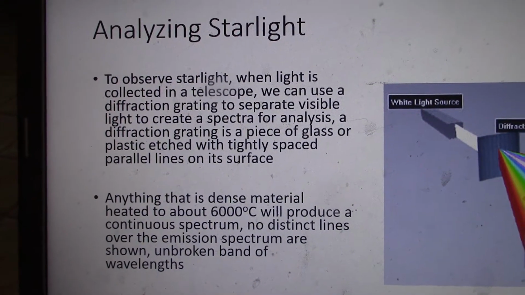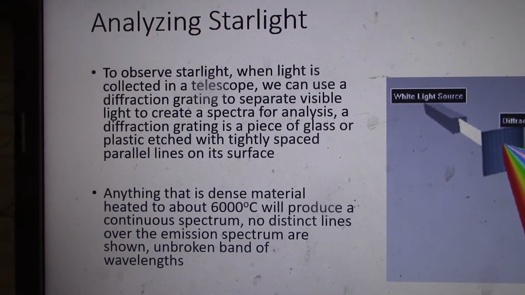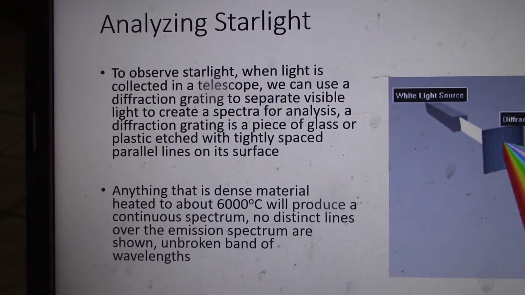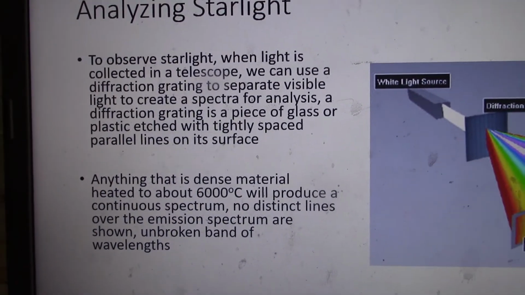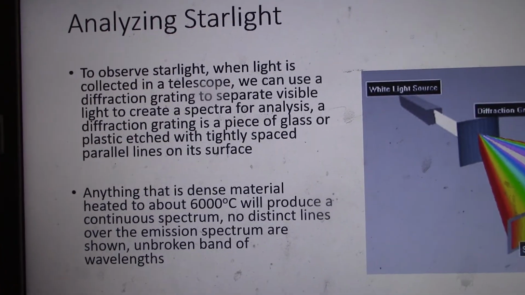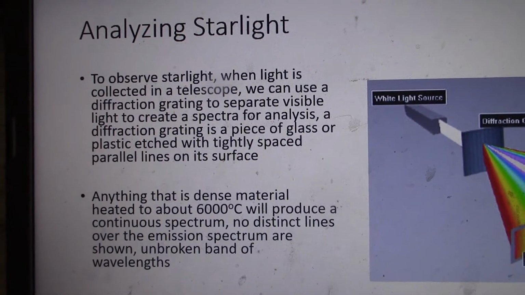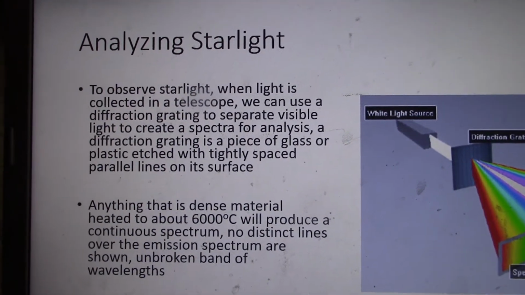So anything that is dense material heated to about 6,000 degrees Celsius will produce a continuous spectrum. No distinct lines over the emission spectrum are shown, and we have unbroken bands of wavelengths. So we can heat up materials to 6,000 degrees Celsius or higher on Earth, and then we can observe which wavelengths of light they emit.